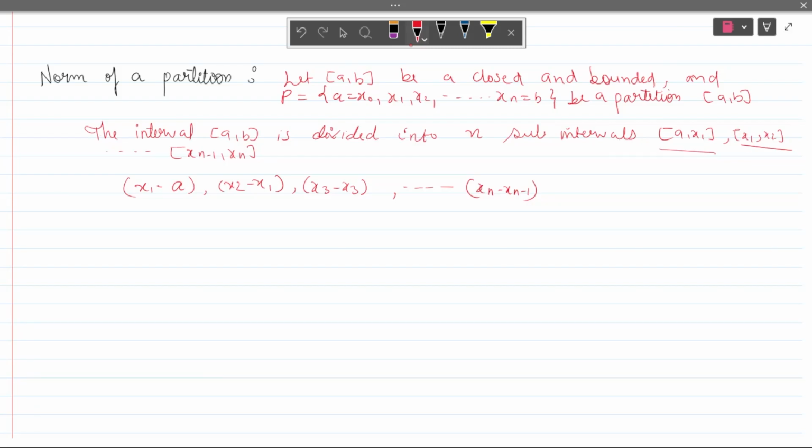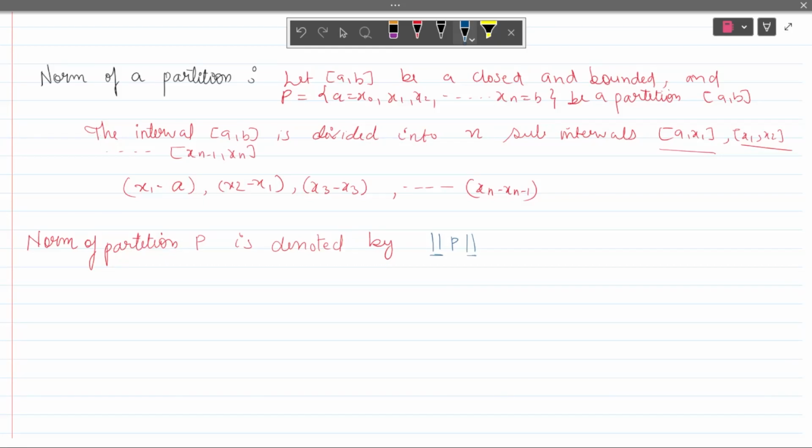Now what is the norm? The norm of partition P is denoted by double bars on both sides with the name of the partition between them.